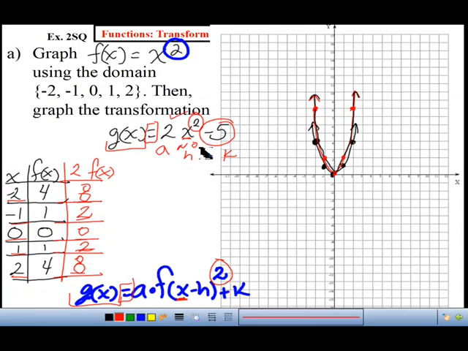K. What does that mean? We need to move all those 5 points, the red points, 5 steps down. So let's start on this one. We go 1, 2, 3, 4, 5. I'm going to make it big. So like that, I know that's my final point for that one. This one, 1, 2, 3, 4, 5.